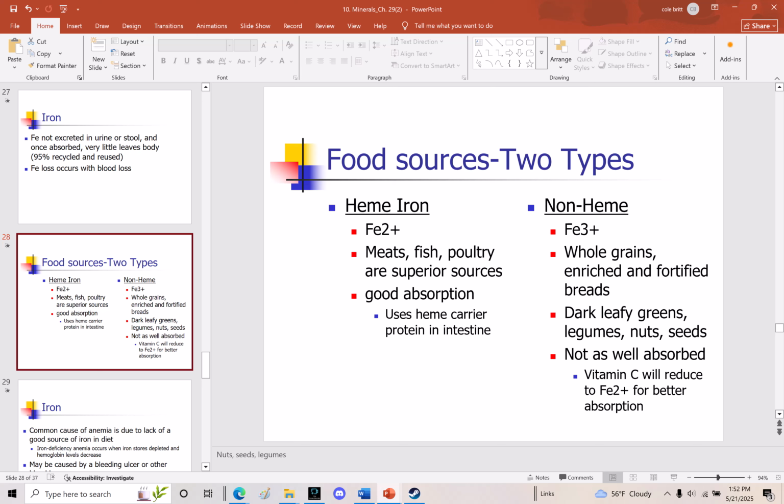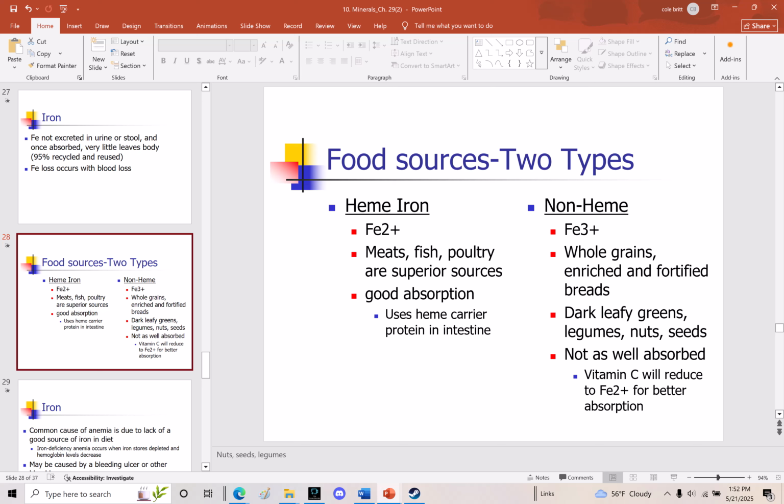Non-heme iron. This was a function of vitamin C. Vitamin C for non-heme iron will make it more absorbable. So if you have a client that's a vegetarian and they have low iron, then you want to recommend that they take their iron or eat their plant foods with vitamin C to better absorb the iron in plants.